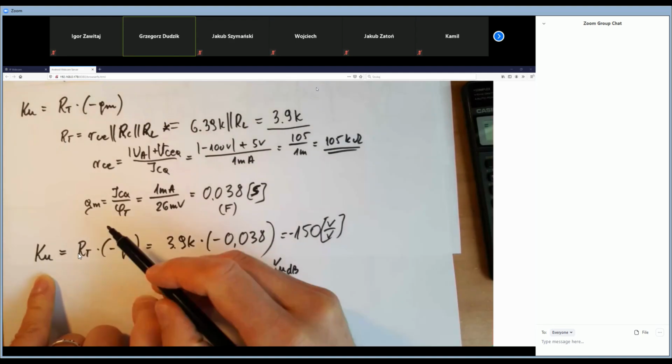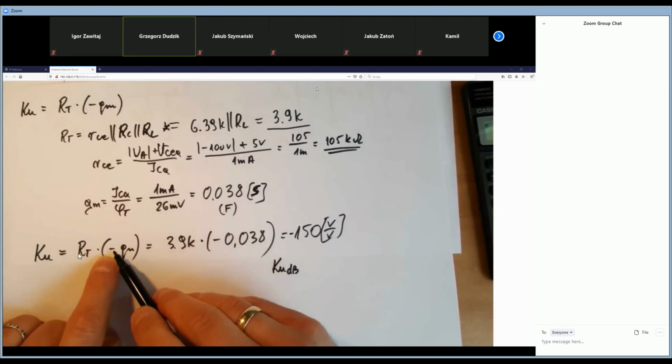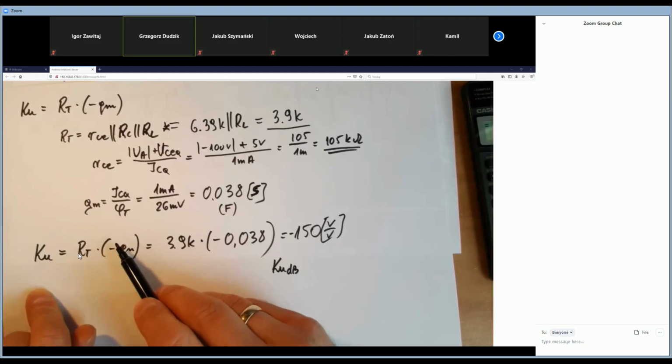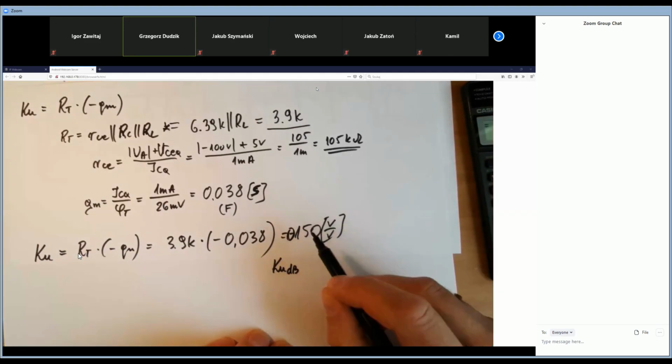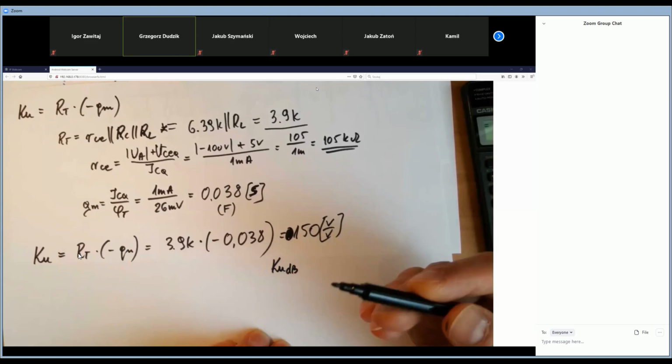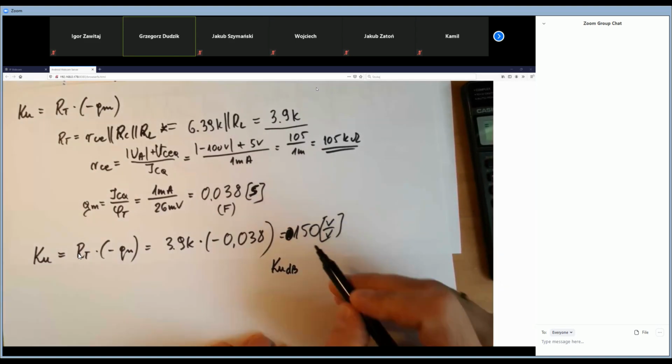I told you that this minus here tells us only that the output signal is shifted by 180 degrees according to the input signal. So we don't take this minus as the sign of the value.